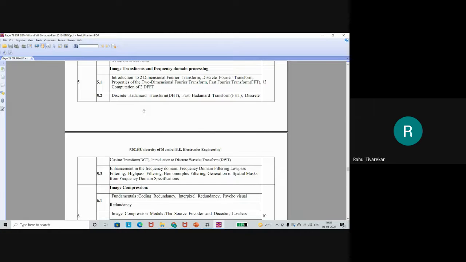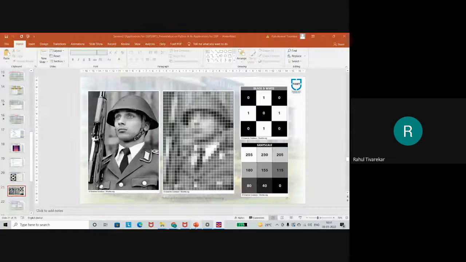The same advantages we will have here for the frequency domain processing, and hence we will see all the frequency domain processing. So here, as I showed you, the image will have pixels in the horizontal direction and the vertical direction. As we saw, in a signal we have samples positioned on the horizontal time axis.